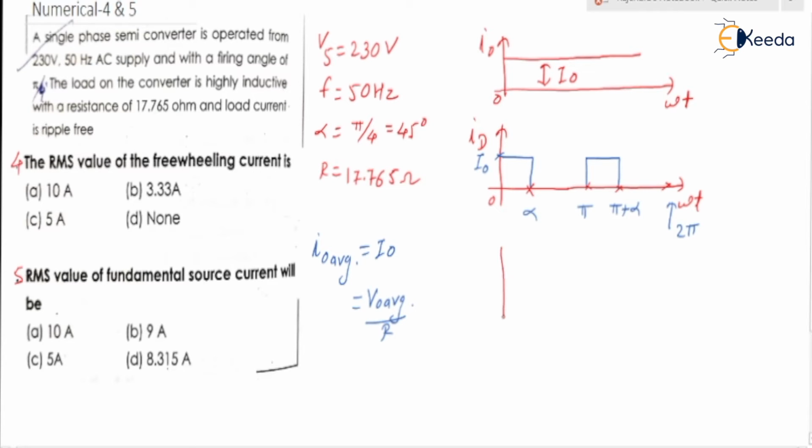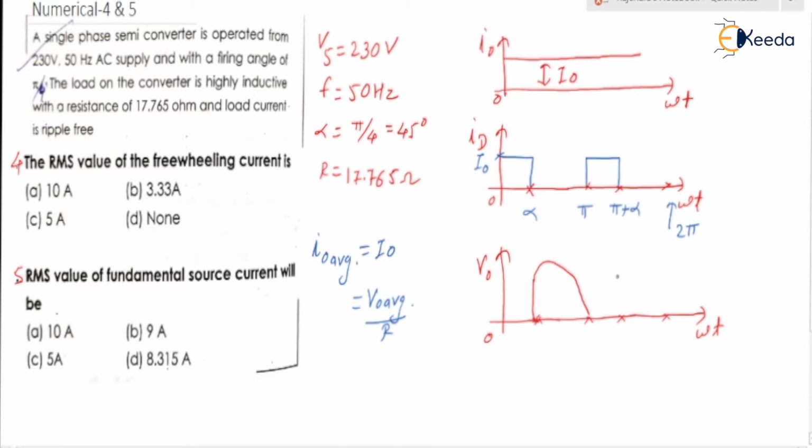For that, let us draw the V0 waveform, V0 with respect to the angle omega t. Between 0 and alpha it is 0. From alpha to pi it is the same as the supply voltage.